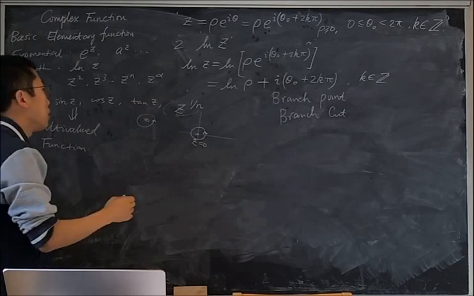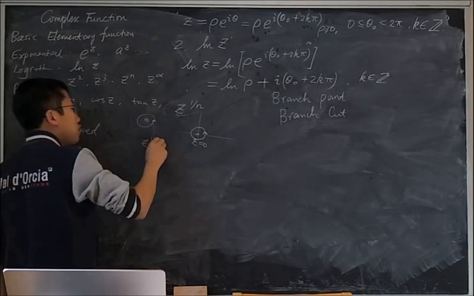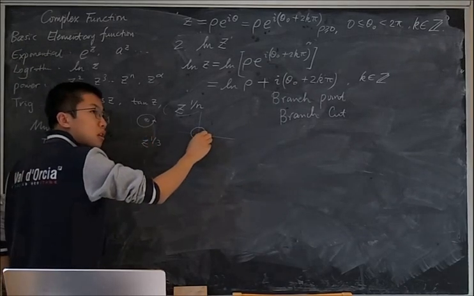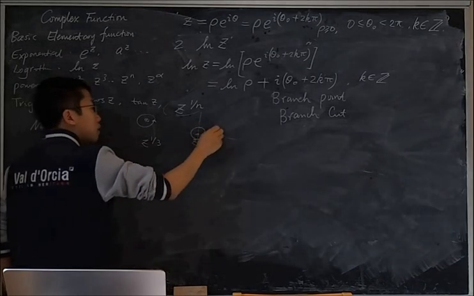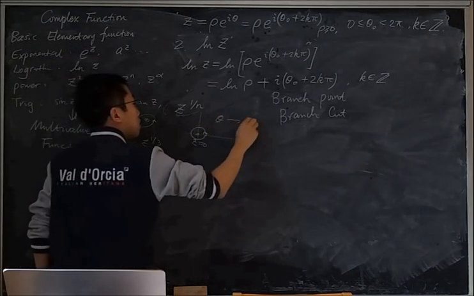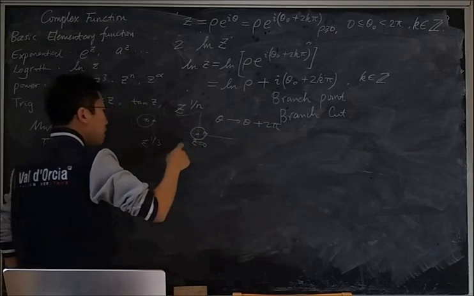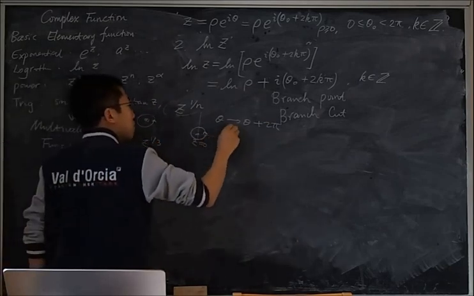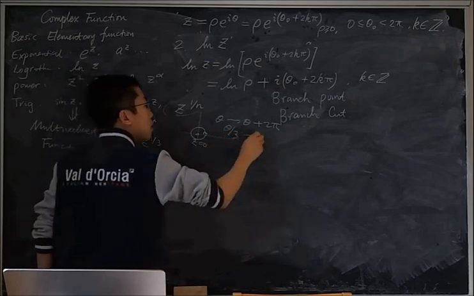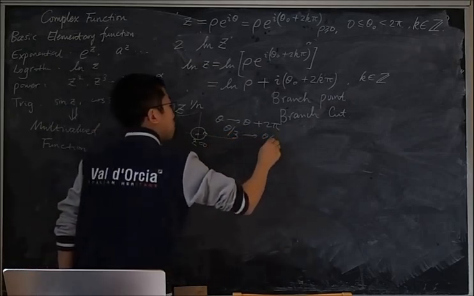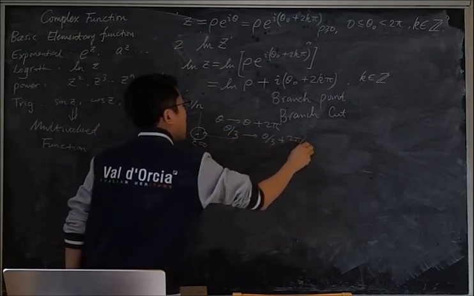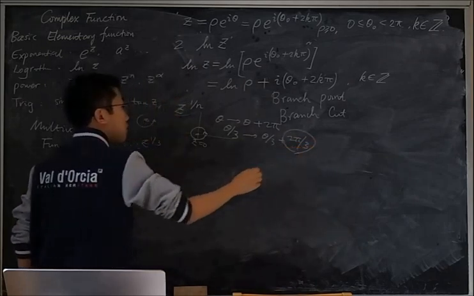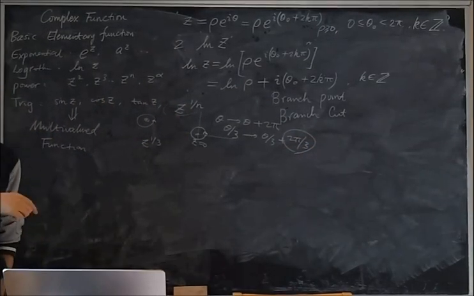For example, if you take z to the 1 over 3, here you get a root, and then this argument goes to theta plus 2 pi, then the argument of z to the power 1 over 3 is going to increase from theta over 3 to theta over 3 plus 2 pi over 3. An increase in the argument like this is not going to recover the same value.